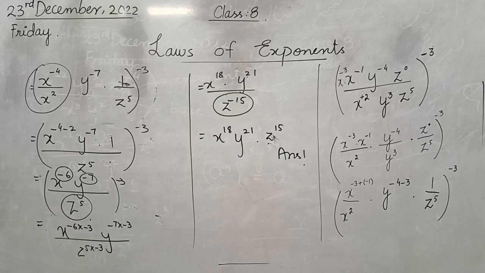First step is to identify the variables having same bases. Then second step is to apply the laws of exponents according to the bases and exponents and in which operation they are. And then third step is by using the laws of exponents simplify each and every base individually.